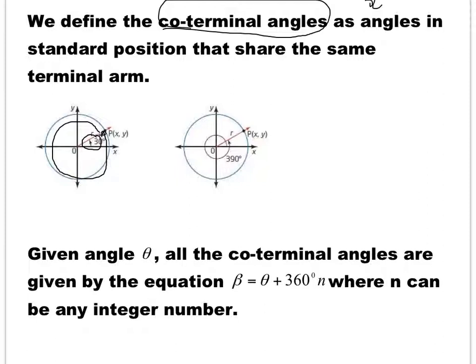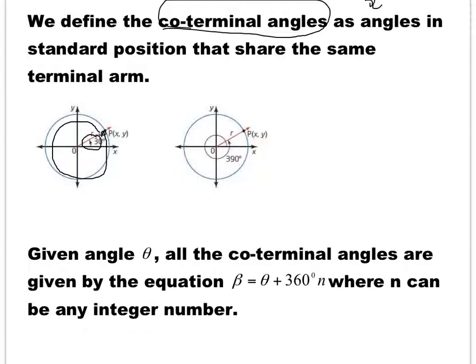And since we said that x and y represent sine and cosine, this means that the new angle, which is 360 plus the old angle, is going to have the same x and y, meaning the same sine theta and cos theta. This is also true if I go clockwise, meaning instead of adding 360, I subtract 360 from this angle.